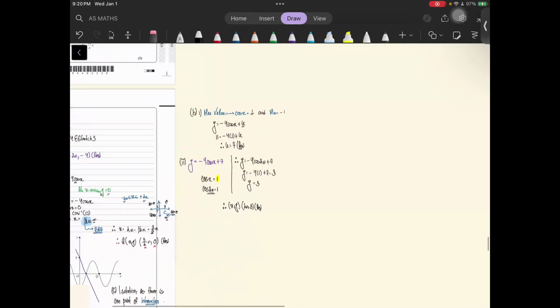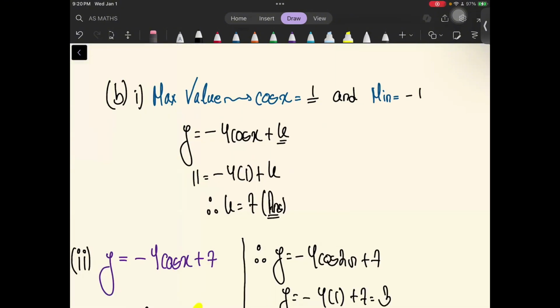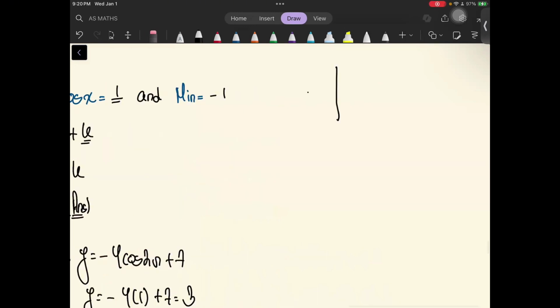To be honest, first of all, you have to know the maximum or minimum point of cos graphs, right? The maximum point of a cos graph is equivalent to 1, and the minimum point is equivalent to minus 1.